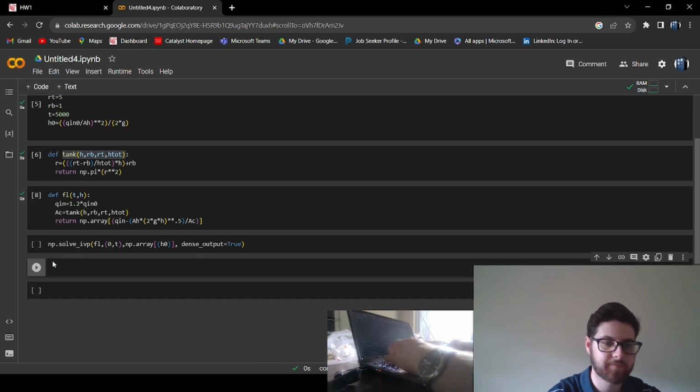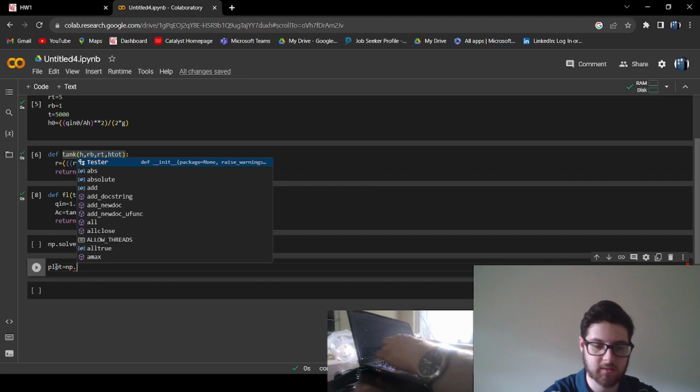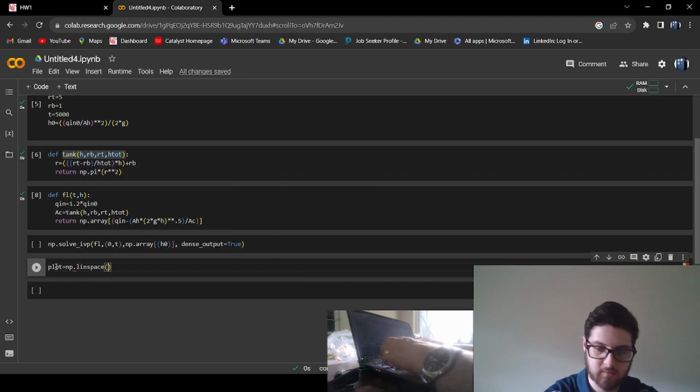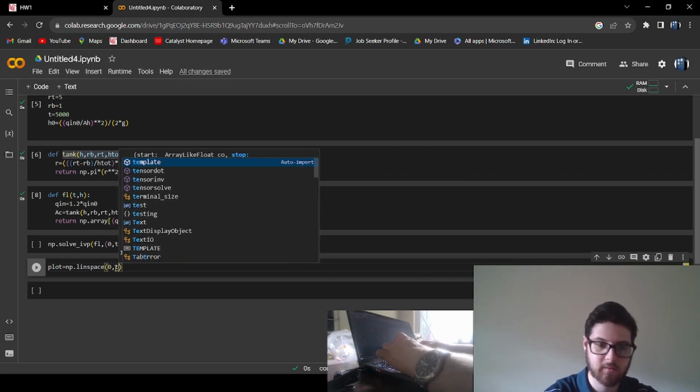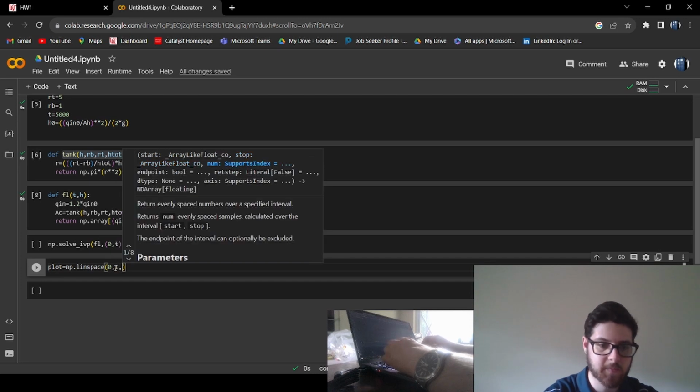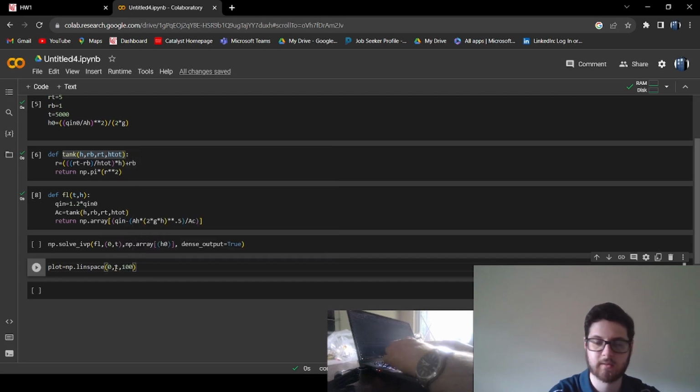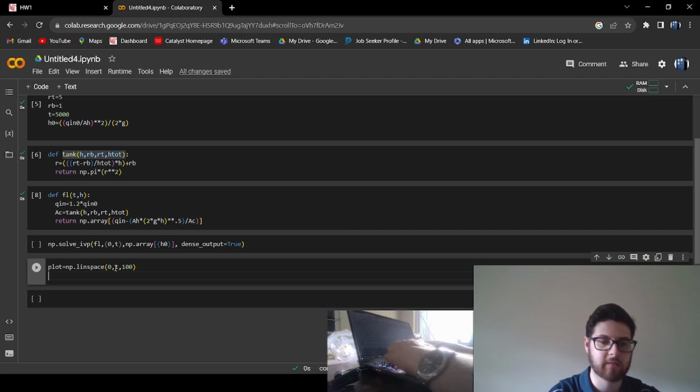So we want linearly spaced 0 to 100, and space it out with 5,000 little things in here because that's 5,000.